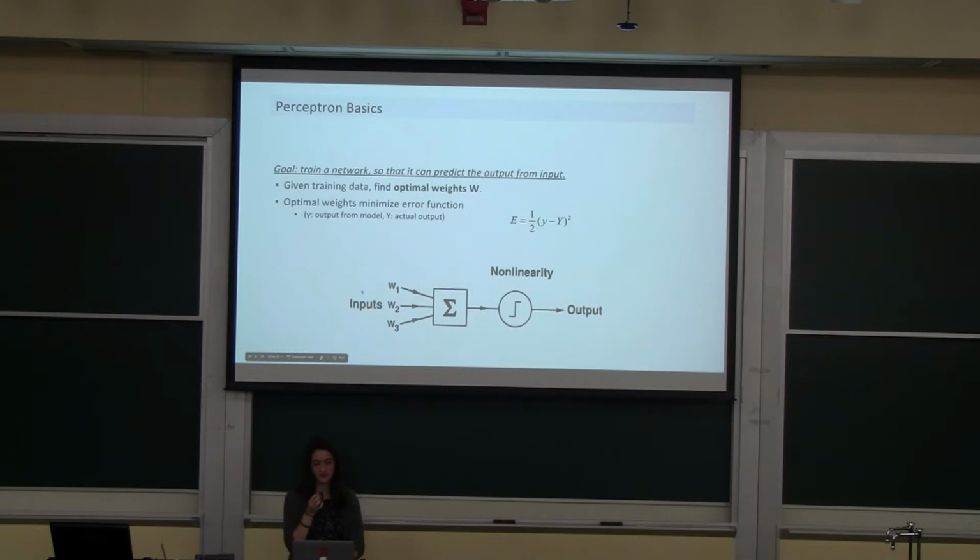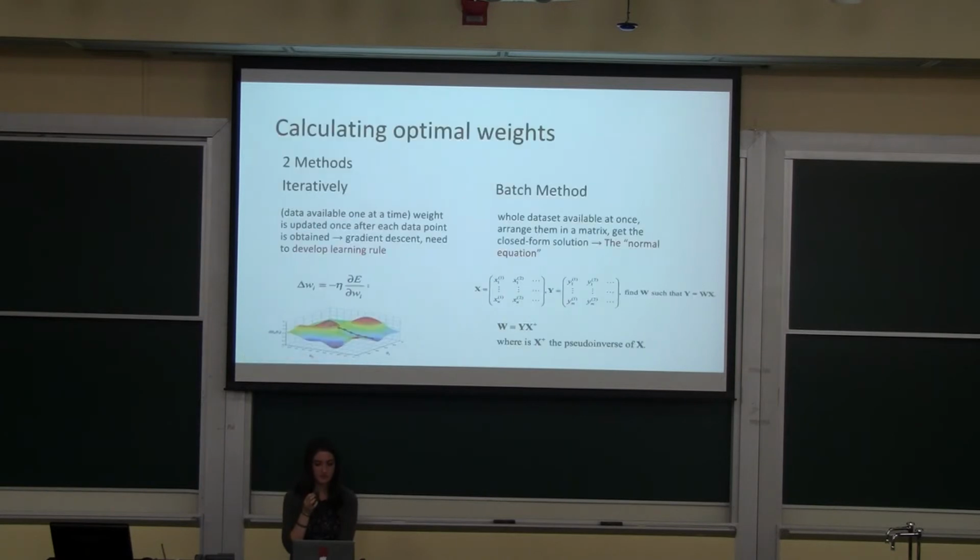Here you have inputs, they're summed with their applied weights, and then there's a nonlinearity to get the output. The nonlinearity can be a sigmoidal function or a gain function, based on the actual model applied. There are two methods we went over to calculate the optimal weights.